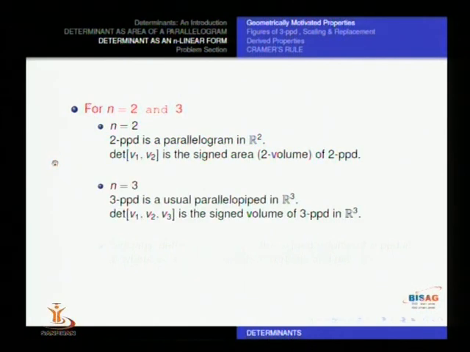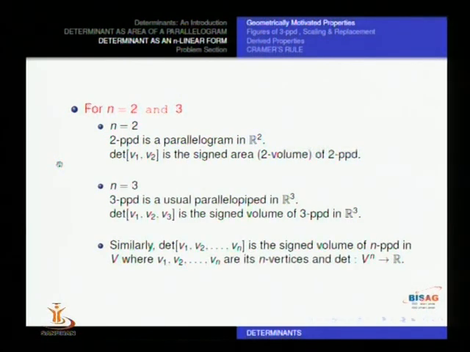So that is about n equal to 2 and 3, and similarly one can talk about the signed volume of NPPD, a generalized version. So the determinant can now be realized as a function from Vn to R, and this determinant function has very nice, beautiful properties, which you are going to see hereafter.